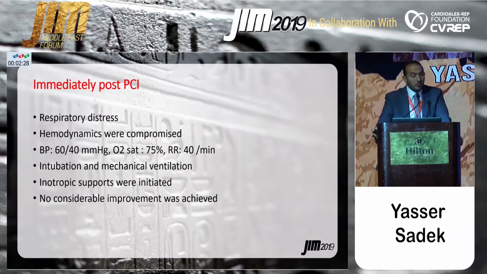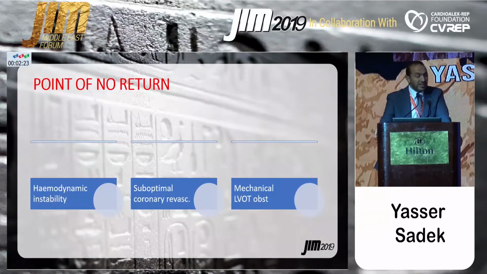No considerable improvement was achieved. So this is my point of no return: hemodynamic instability, suboptimal coronary revascularization as you can appreciate in the circumflex, and this patient has a significant aortic stenosis with severe LV dysfunction.